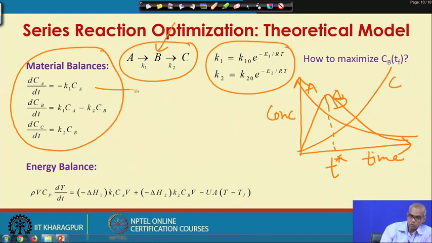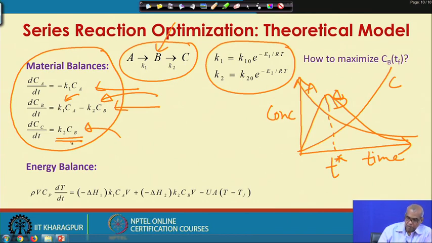The first equation tells you the rate of change of concentration of A. That is equal to minus K1 into Ca, because due to chemical reaction A is getting converted to B. The rate of change of B, given by dCb/dt, is equal to the formation of B minus the decrease of B due to formation of C. Similarly, the rate of change of C comes from K2 into Cb, B is only getting converted to C.